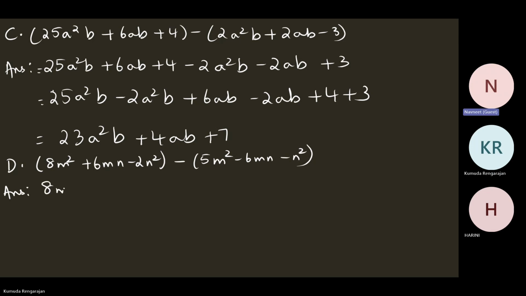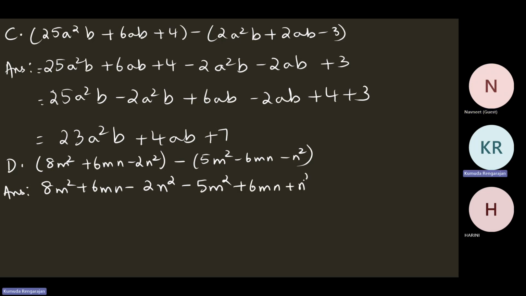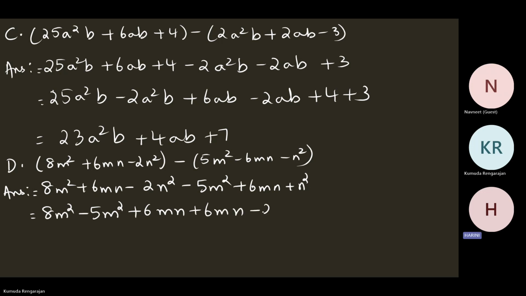8m square plus 6mn plus minus 2n square minus 5m square plus 6mn plus n square. Yeah, Harini. 8m square minus 5m square, plus 6mn plus 6mn, minus 2n square plus n square.